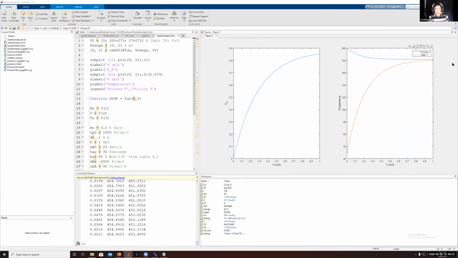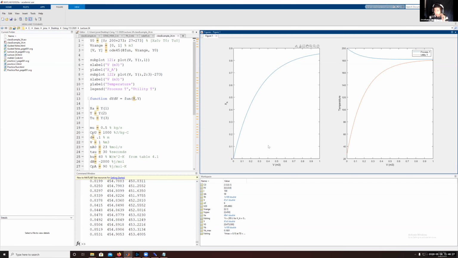So here we can see a couple of things happening that we should expect. In this first graph, we're looking at XA versus volume. Essentially, as we go further down the volume, remember that because we're in a PFR, our volume is related to the length of the PFR. So we could have plotted this in reference to the length of the PFR. We just did volume because that was what was given. We could have backed out a length if we wanted to.